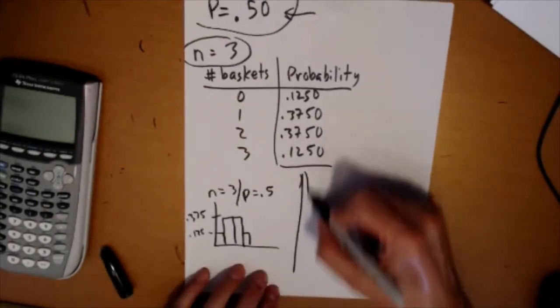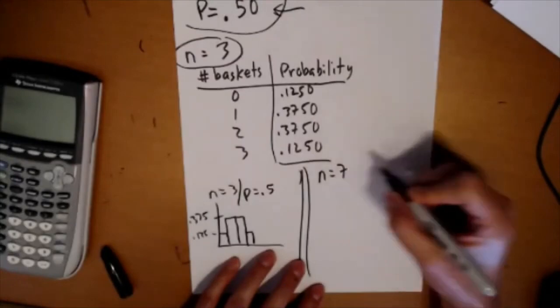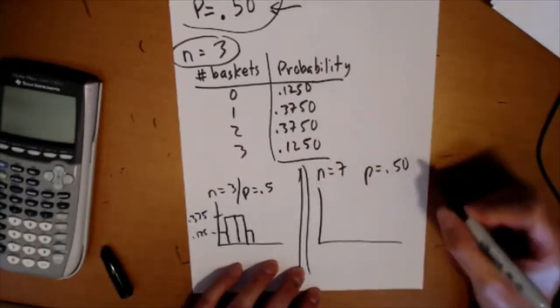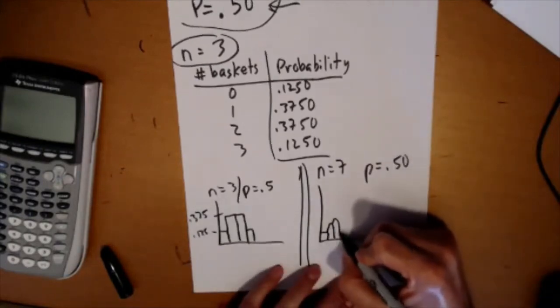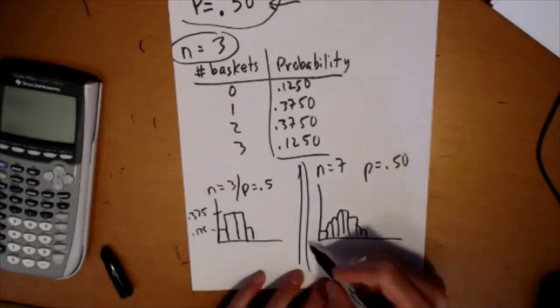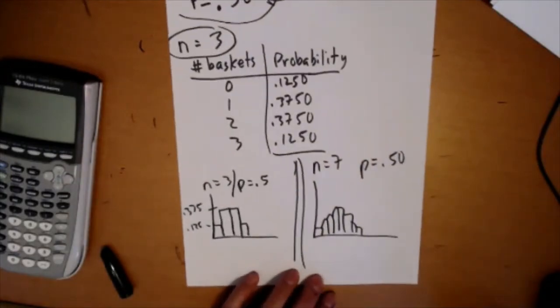So here's a picture. Let's say it was like n equals 7. Making this up. P of 0.50. It's going to look something like this. It's going to be nice and symmetric is the main point.